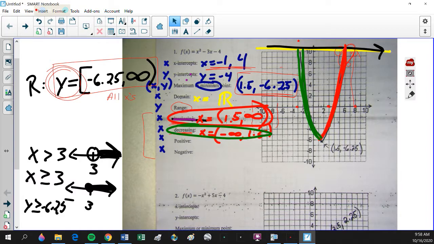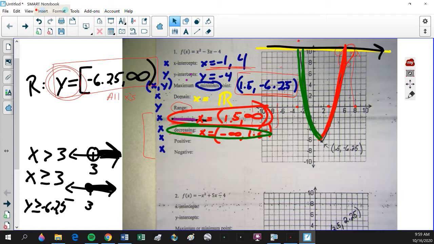Okay. Now the next question asks, when is the graph positive and when is the graph negative? So imagine you went to Death Valley. Death Valley is below sea level. And you go down a hill into Death Valley and you drive across Death Valley and then you go up out the other side. Sometime during that drive you will be below sea level, and sometime during that drive you will be above sea level.